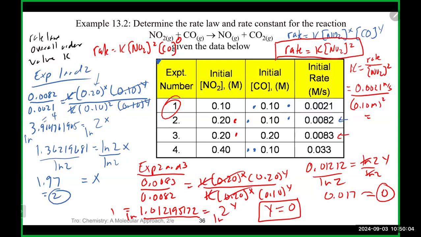And that will give me 0.0021 divided by 0.1 squared. Going to give us 0.21 units here. Molarity on top. One of those guys on the bottom will cancel. 1 over molar seconds in this particular case. Any questions on that one there?